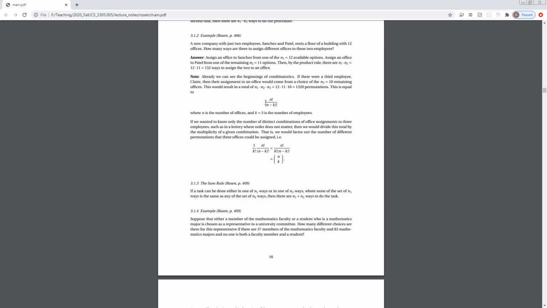But if we didn't care who got which office, if we only wanted to know the likelihood that any given three offices, so the three offices nearest the door or whatever, what are the chances that they had selected those three offices, then we would use this formula.